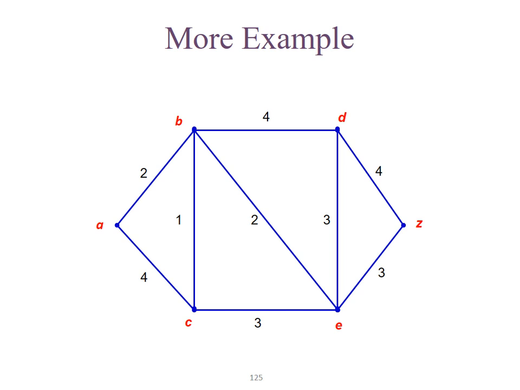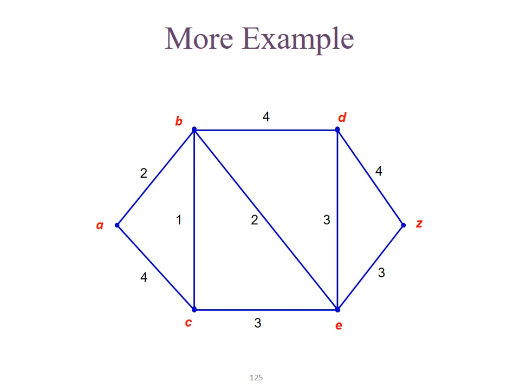Infinity initially for all vertices, and 0 for the vertex A. And then we include A into our set. And then once A is in the set, then we update all vertices by its different lengths. For example, B, so you can see the distance is 2. Okay, so we update the distance from A to B is 2.